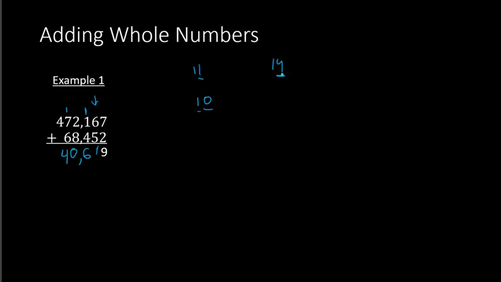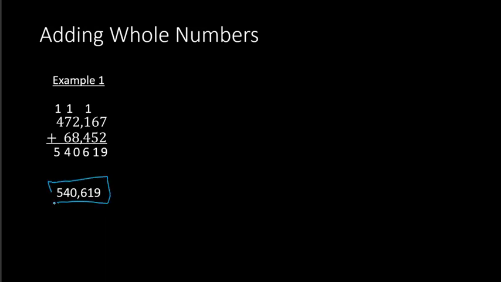And then the 1 that's left over, we carry up here to the 100,000s column. And then we add the 1 plus 4 to get 5. So your answer is 540,619. And we see the answer typed up right down here.